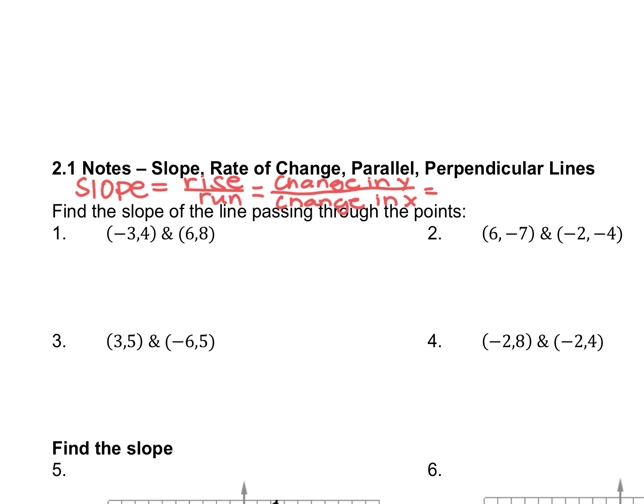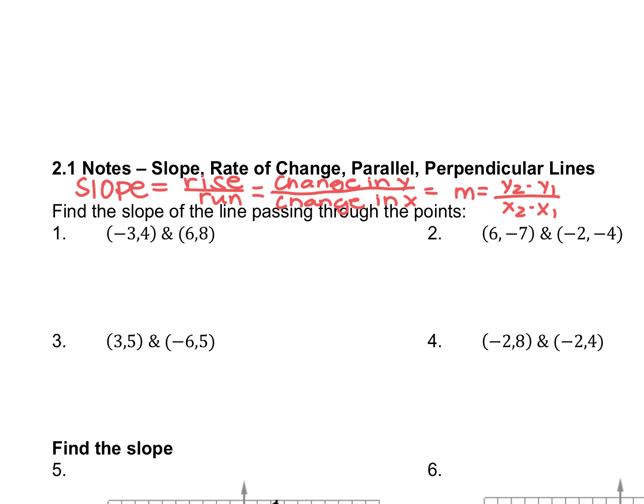The formula is m equals y2 minus y1 over x2 minus x1. We know all of that, right?